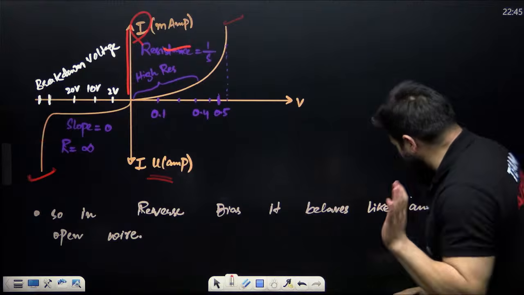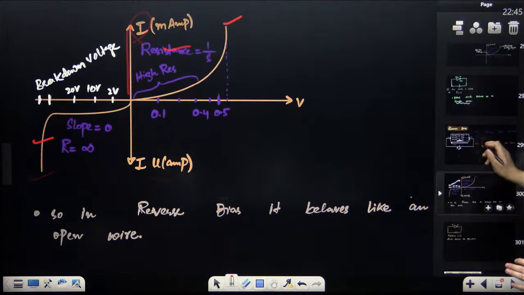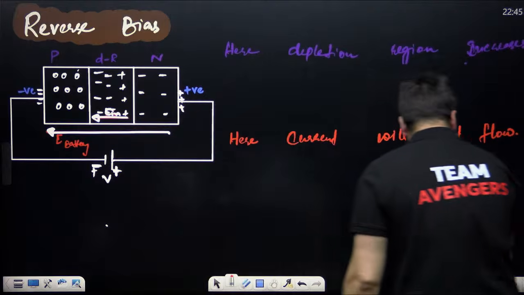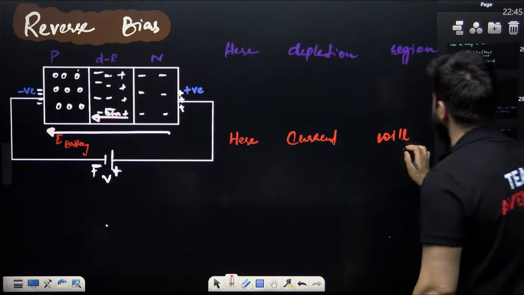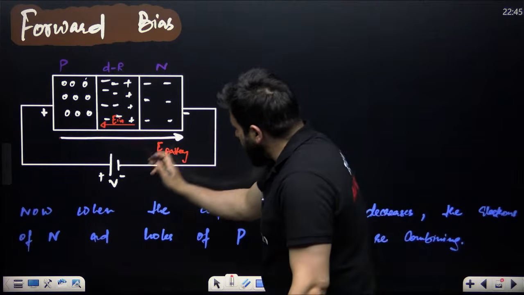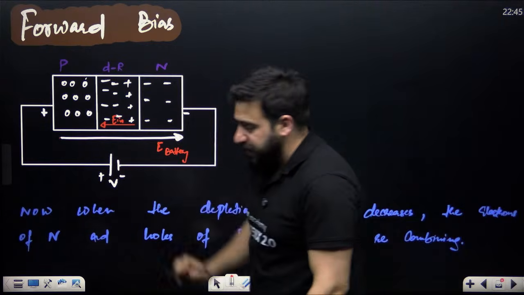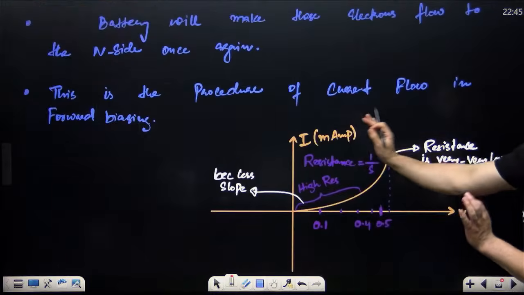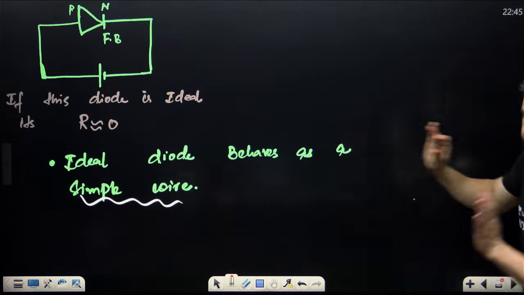In a nutshell, remember one thing. Forward bias means the positive terminal of the battery is connected to the P side and the negative terminal to the N side. Here current flows easily and the diode behaves like a simple wire.